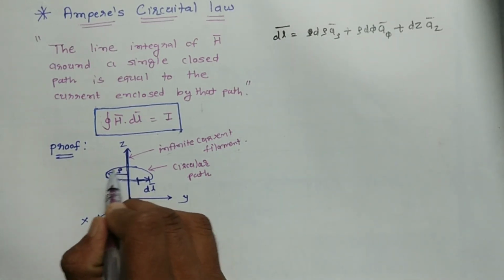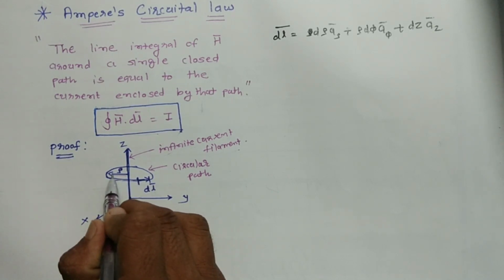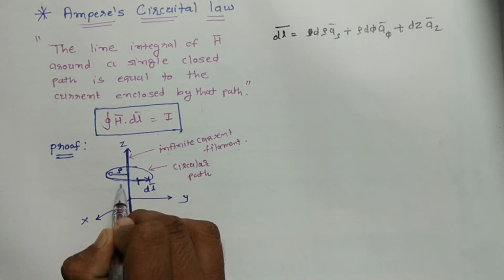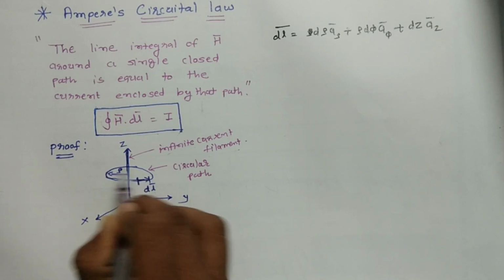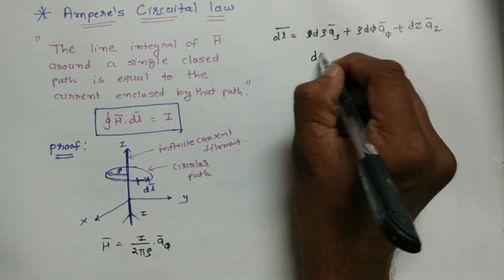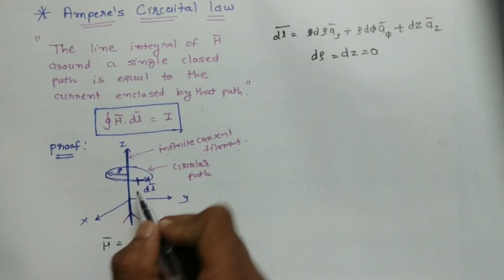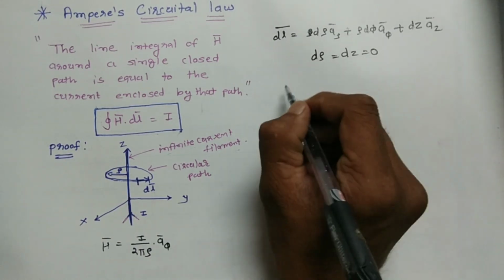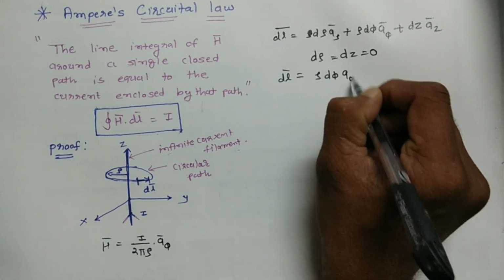If we talk about this circular loop, here rho is the radius of the circular loop. Here only the angle changes, so d rho and dz are equal to 0. We are not considering d rho and dz, so their value is 0, so dl bar is only rho d phi a phi bar.